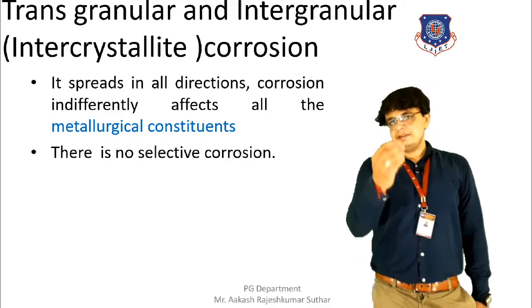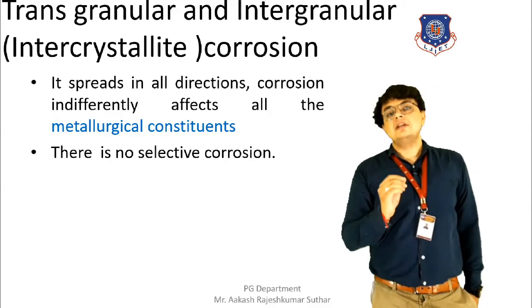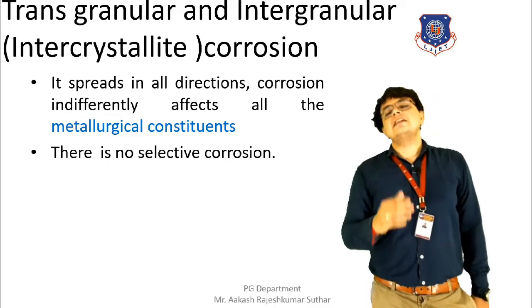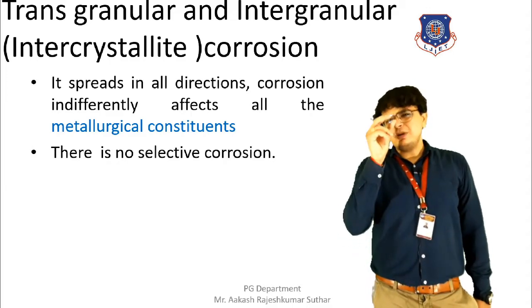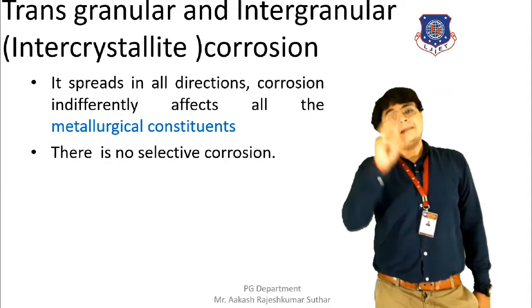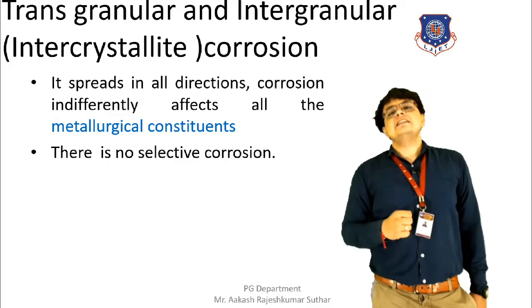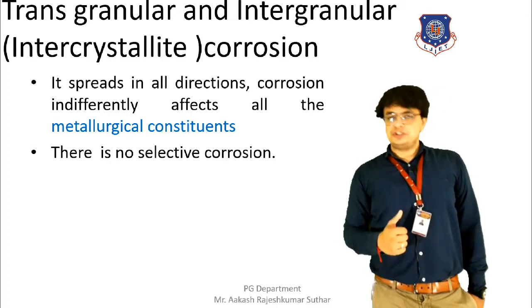And as each and every small granule is affected by this corrosion, this type of corrosion is termed as the transgranular or the intragranular corrosion, because even small granules are also getting corroded by the effect of this kind of corrosion. By this only it is designated as the intergranular corrosion.